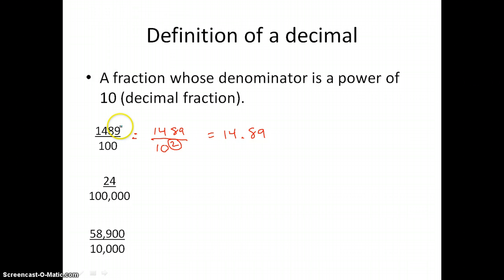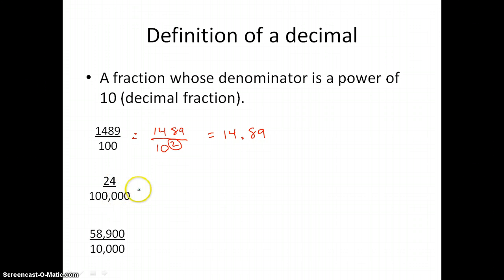In actuality, someone decided we don't want to write fractions anymore. We want to write them as decimals. So this is how they came about, just getting rid of the fraction sign and replacing it with a decimal. So we can write this as 14 and 89 hundredths. And that's it. Let's practice it with this one.